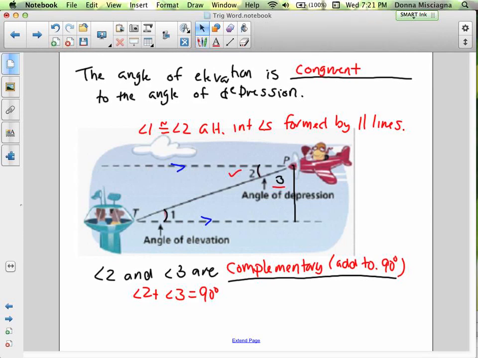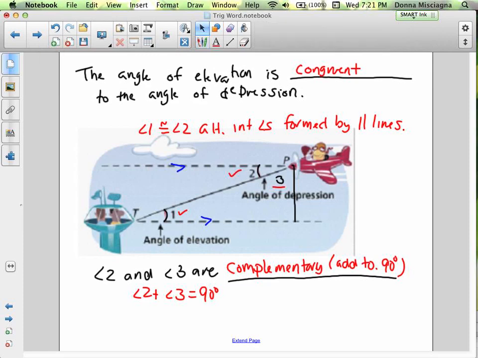So you can work with different angles. If you remember that the two adjacent ones there, the angle of depression and the angle next to it that would form another right triangle, are complementary to one another. Okay? Sometimes that comes in handy. Or you could remember that this other angle over here is the exact same measure and work with that angle instead.